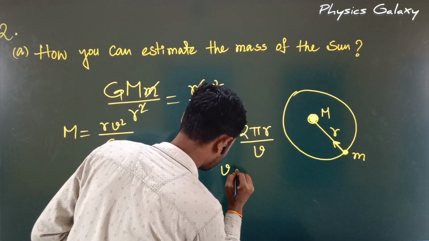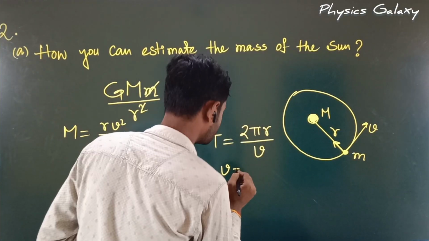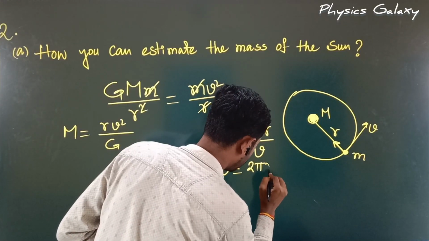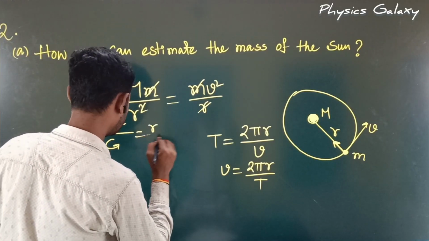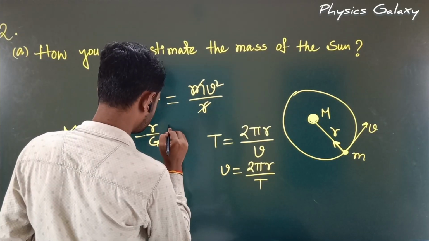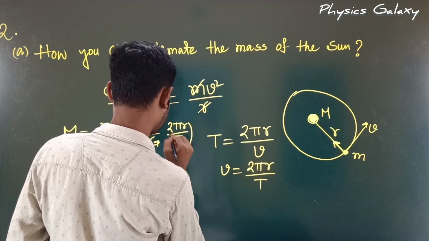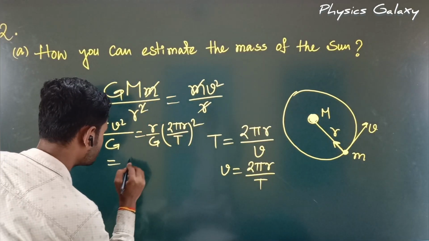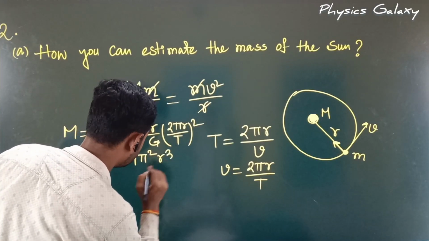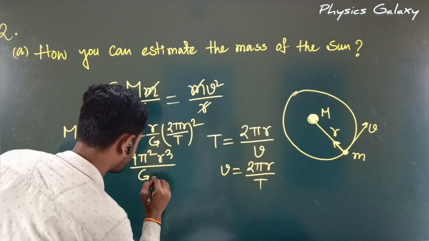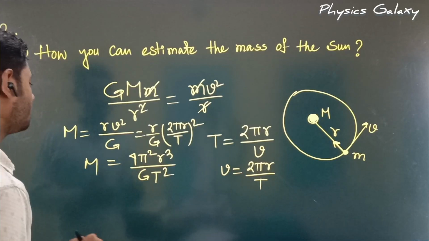From here we can calculate v, the velocity of the earth: v is equal to 2 pi r by T. Now here you can write r by G times the square of 2 pi r divided by T. So this is equal to 4 pi square r cube divided by G T square. Okay, so this is the mass of the sun.